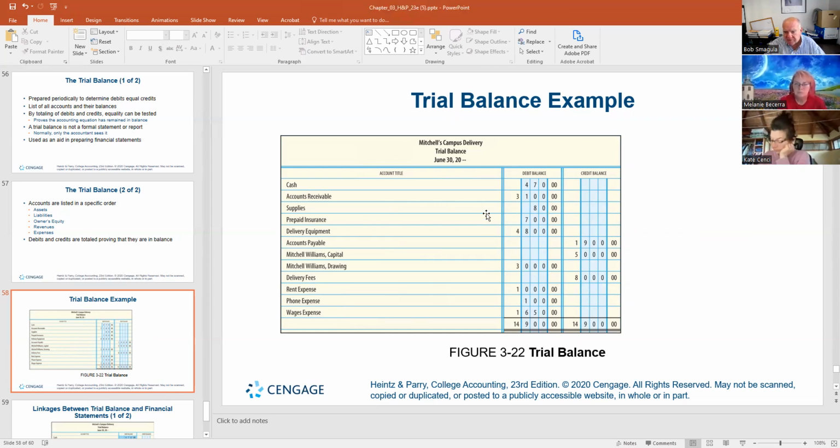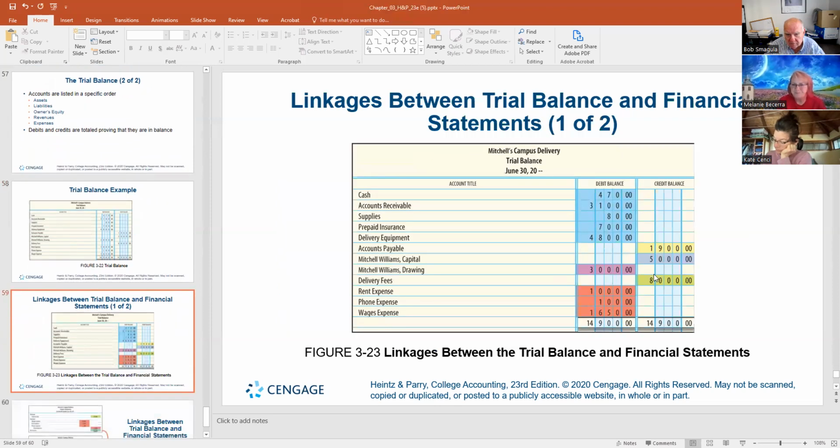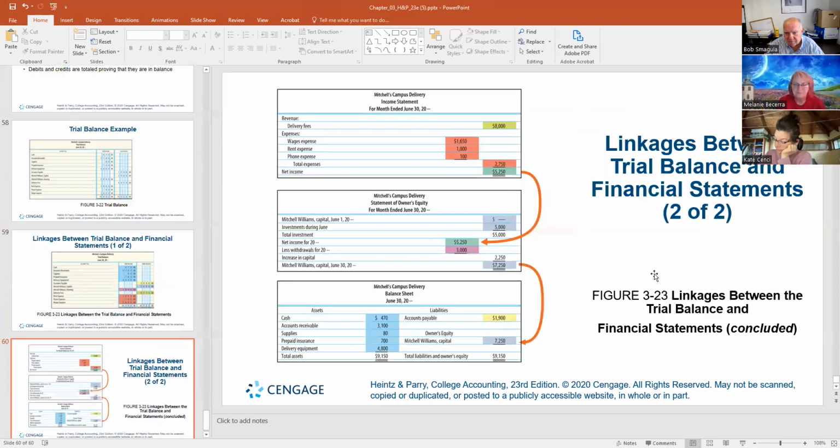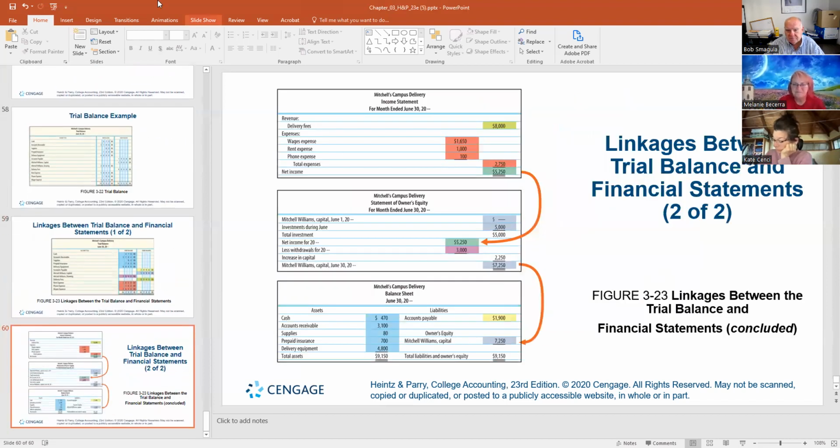We had three expenses: $1,000 for rent, $100 for phones, and $1,650 for wages. Here they're breaking the trial balance out by color to help us. Can you read these numbers okay? Okay.